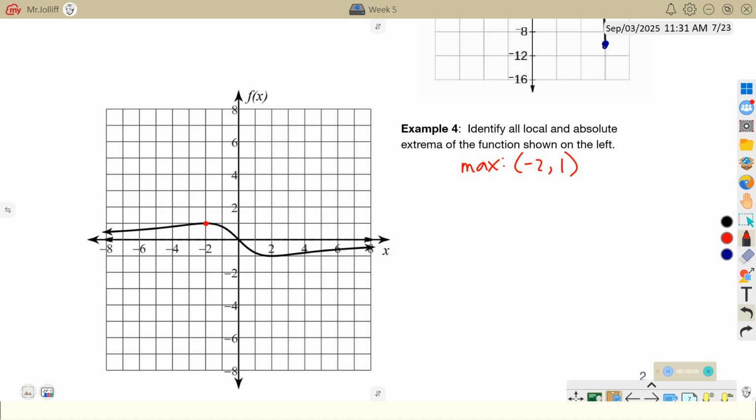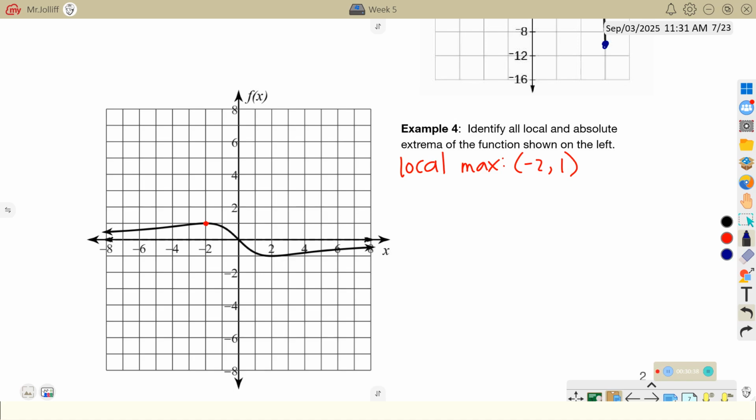Very good. As a class, we need to decide local or absolute. And I heard local, which is good practice when there are arrows on the edges of our graph, because we don't know what the function does once it exits the graph. These could go presumably back up again. I don't think they do. I suspect the axis is an asymptote, but I don't know for sure. Very good.